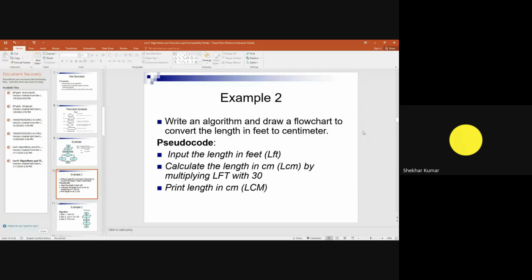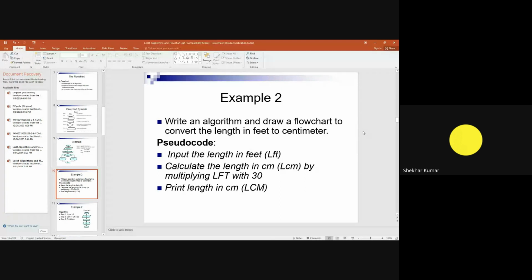In this example, you have to write an algorithm and draw a flowchart to convert a length in feet to centimeters. So there is a problem in which you have to convert the length in feet to centimeters. What should the pseudocode be?